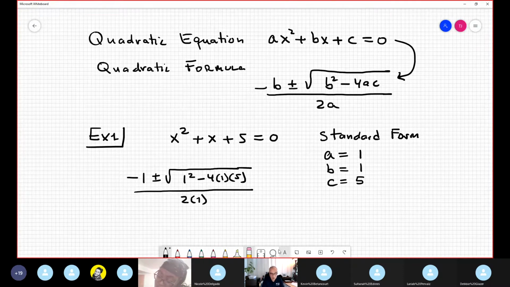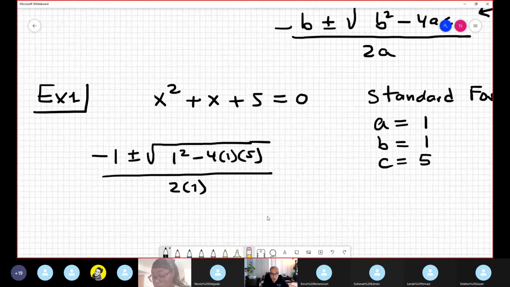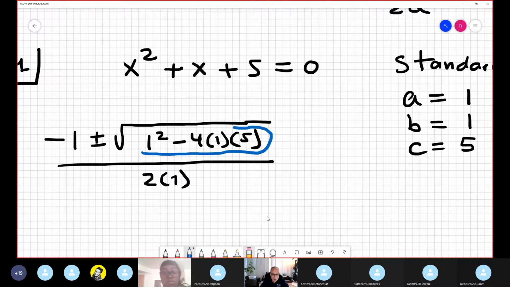So my recommendation is just plugging those values into the quadratic formula. Now you focus on the expression inside the radical. It's first according to the order of operations. So 1 squared is 1, minus 4 times 1 times 5, which is 20, and the subtraction is negative 19.